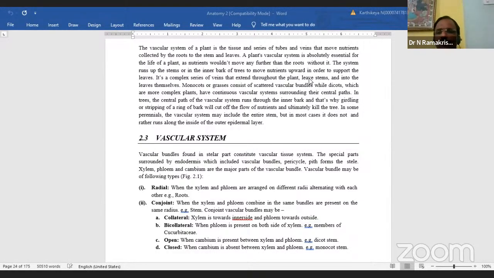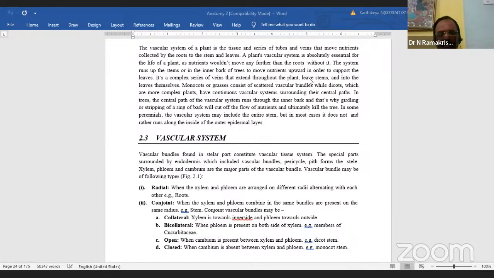Before going further, we are going to discuss the vascular tissue system. This vascular tissue system is made up of xylem and phloem, which we call the stele. It is very simple and very short. We know the arrangement of the two tissues.